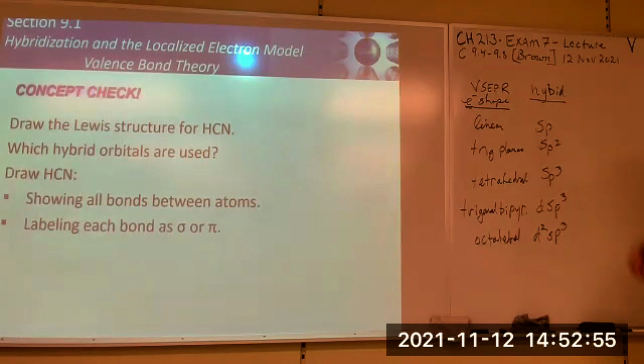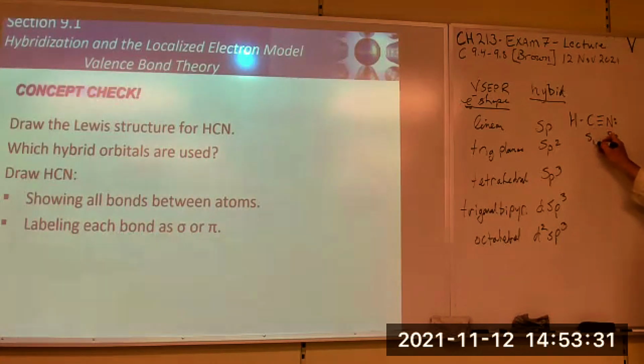Okay, how about HCN? All right, we know that's a linear molecule, correct? So linear means it has to be sp hybridized for the carbon. How about the nitrogen? How is it hybridized? Let's draw it. HCN. The N has a lone pair out here. So if it's going to be linear, then nitrogen also has to be sp hybridized.